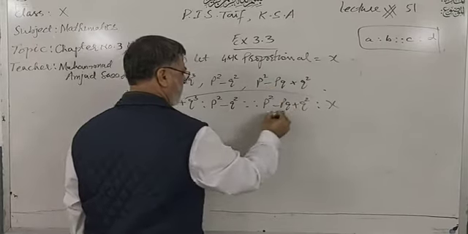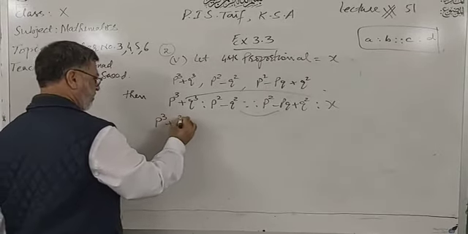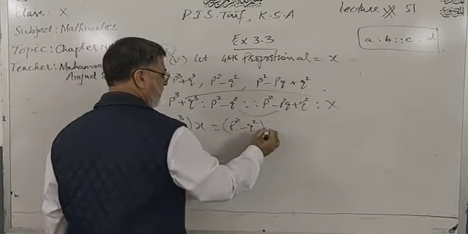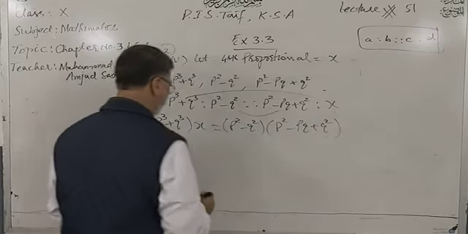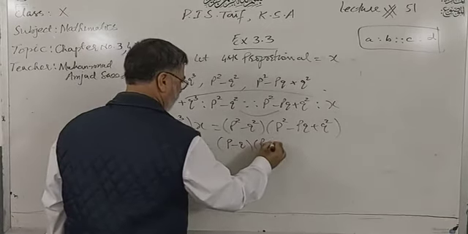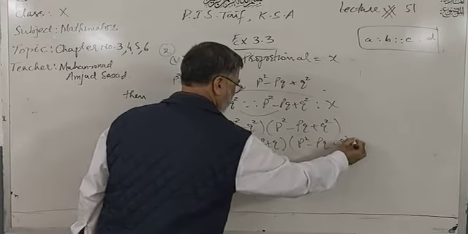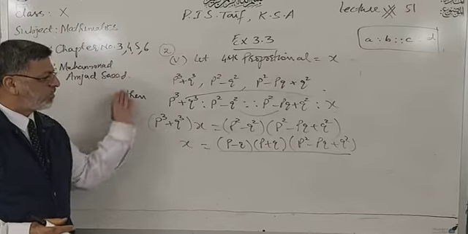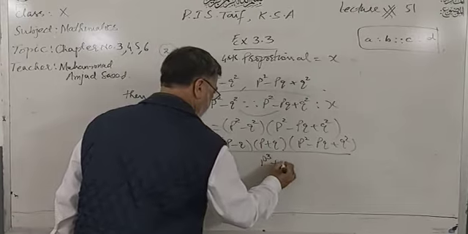Product of extremes is equal to product of means. So p cube plus q cube into x is equal to p square minus q square into p square minus pq plus q square. Here x is equal to p minus q into p plus q into p square minus pq plus q square. Then bring this p cube plus q cube to the right hand side. It is multiplied here, here it will be divided.